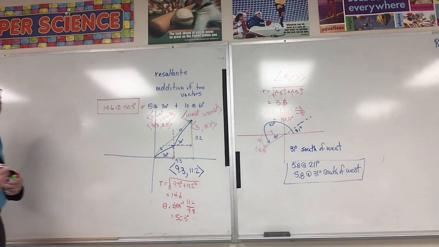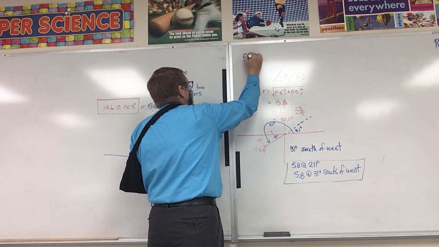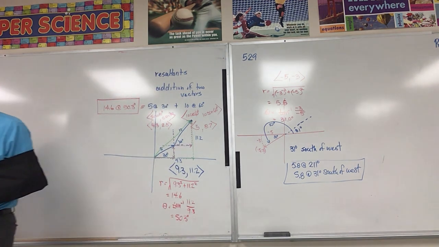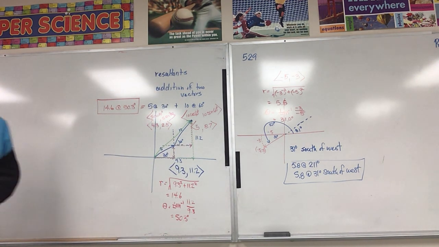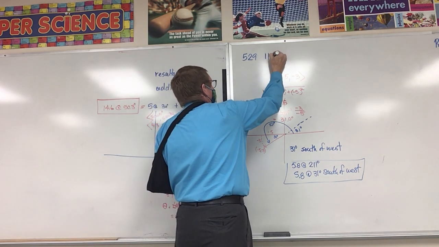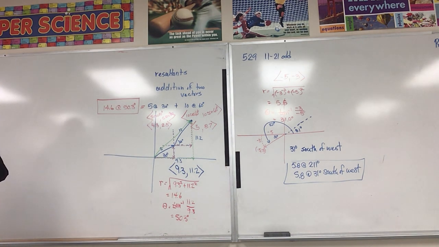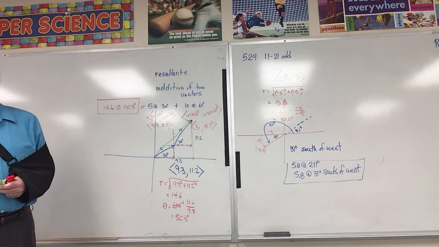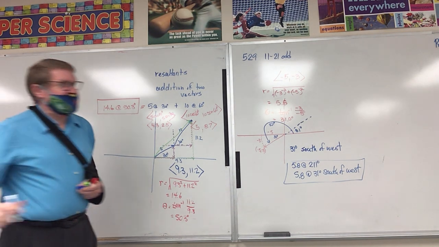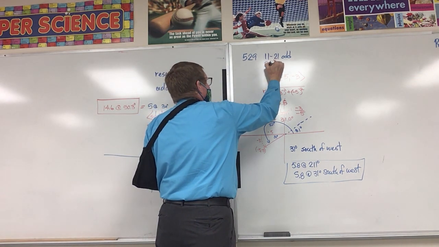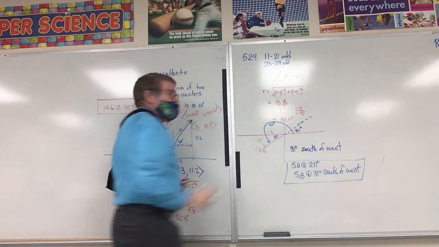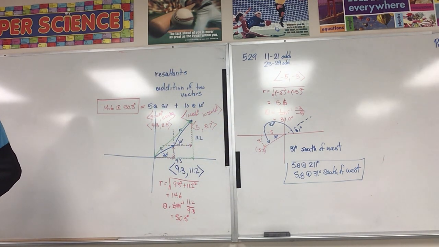I want you to write on page 529, numbers 11 through 21 odd, 23 through 29 odd, and then 41 and 43.